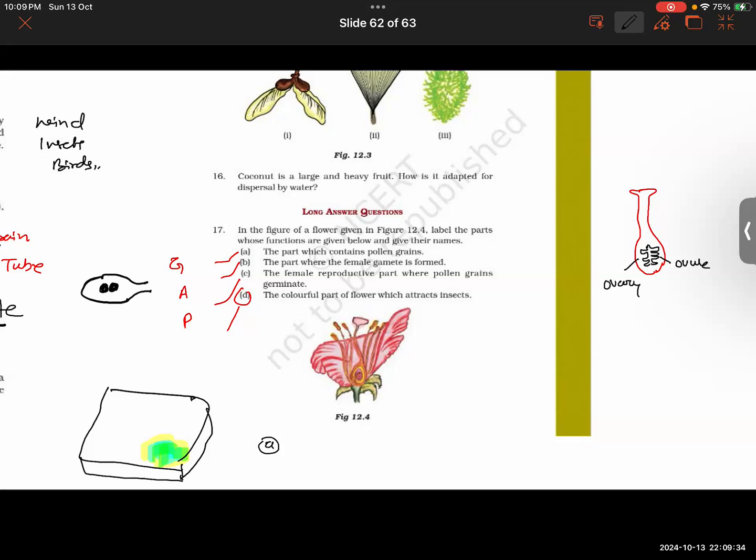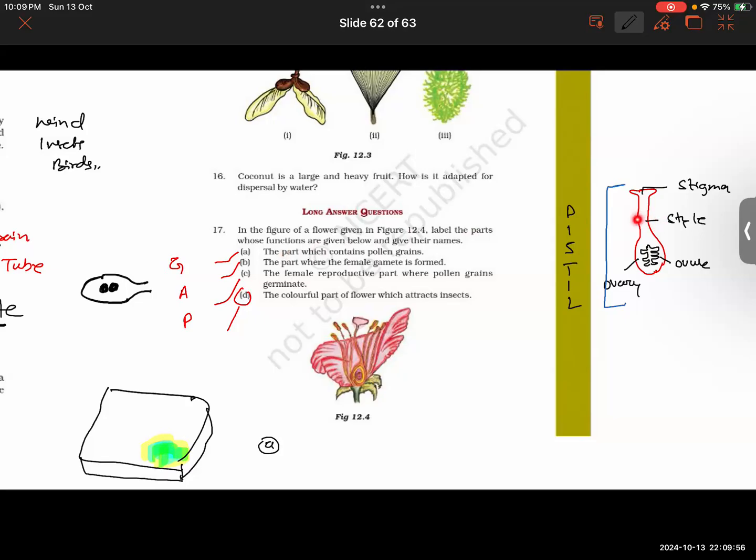No, I'm not talking about that. No, still it's wrong. I'm asking about the female reproductive part. Together, all of this is called the pistil. Remember, pistil.